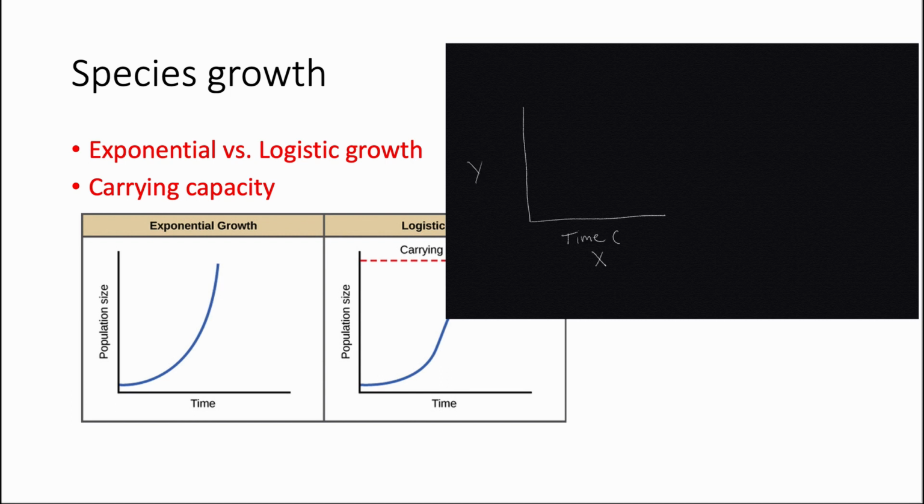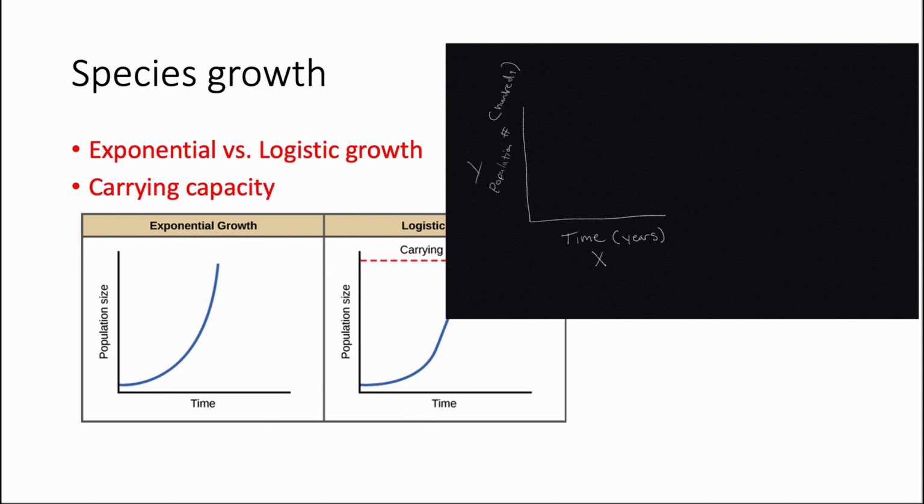Seconds, minutes? I'm going to be talking about years. Time in years. And the y-axis is going to be population number. And in parentheses, I'm going to say hundreds. Right? So that is what I want my axes.